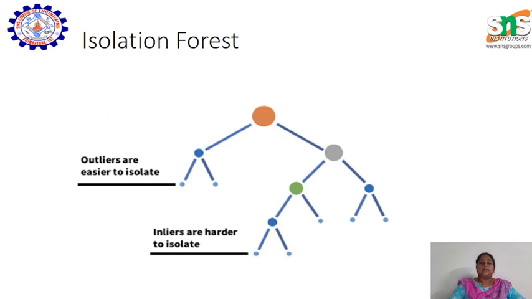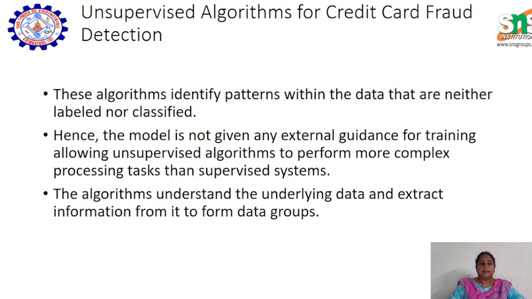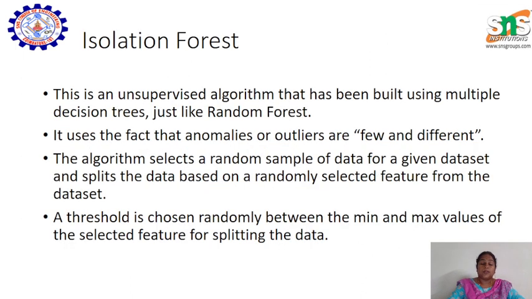As a conclusion, this is an unsupervised machine learning algorithm, and we have selected the isolation forest method, where the machine classifies data based on similar patterns. Why are we taking this kind of algorithm?